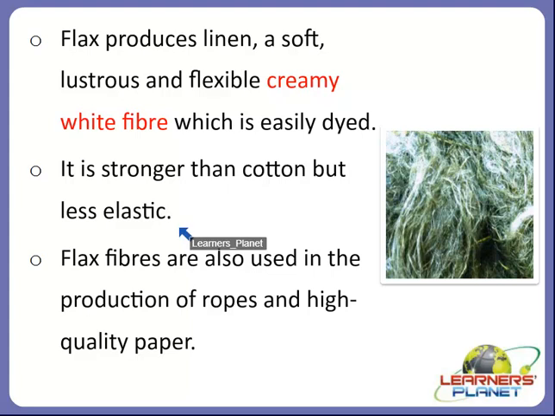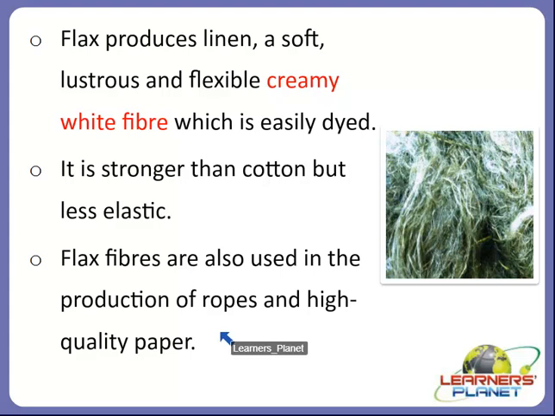And that is why linen is used for a range of textile products including clothing and sheets. Flax fibers are also used in the production of ropes and high quality paper.